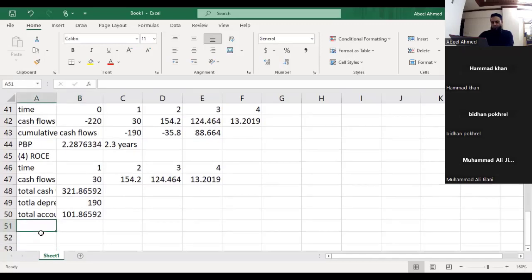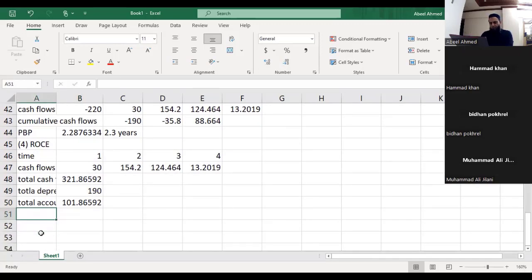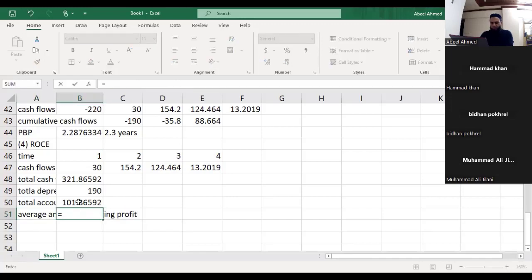If I convert this into average annual accounting profit, the project life is 4 years. So let's divide this by 4.